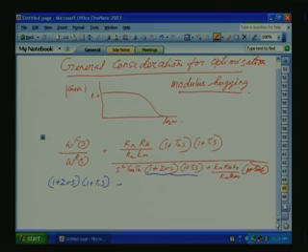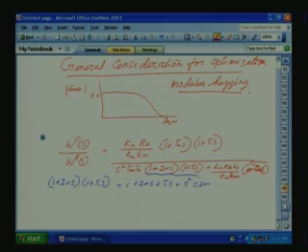Then this will be 1 plus 2 sigma s plus T1 s plus s square T1 2 sigma.